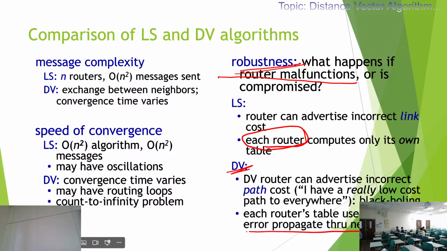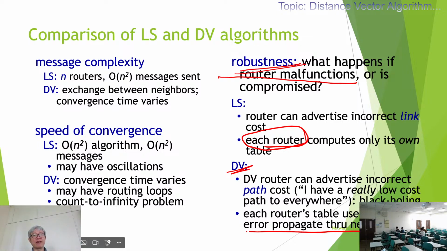So for robustness, link state is better. Why is link state better? Under the assumption that link state knows the whole topology of the network, so under the precondition of knowing all the information. However, knowing all the information is the burden of the link state algorithm.